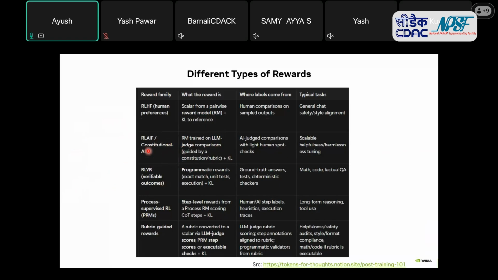Then there is RLVR, which refers to reinforcement learning with verifiable rewards, which helps improve math reasoning and coding tasks by using ground truth answers and unit test signals. And there are other ways to do that. So the idea is that there are different types of rewards, different ways in which you can provide rewards and help the model to improve.